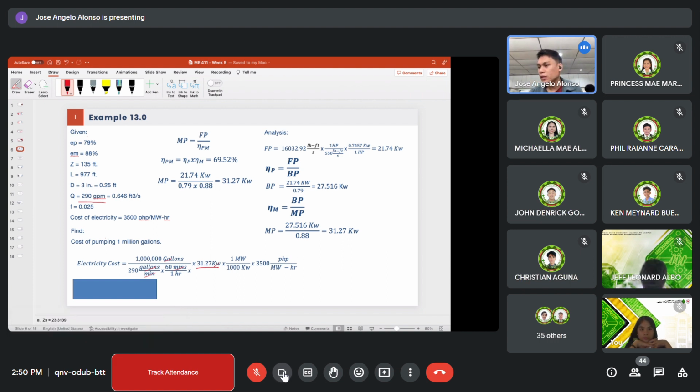We know that for every 1,000 kilowatts, there is 1 megawatt. So, cancel this one, cancel this, and multiply it by the cost of electricity of 3,500 pesos, will give you 6,290 pesos. So it will take 6,290 pesos to pump 1 million gallons of water when the cost of electricity is 3,500 pesos per megawatt hour, and the capacity of our pump is running 290 gallons per minute.